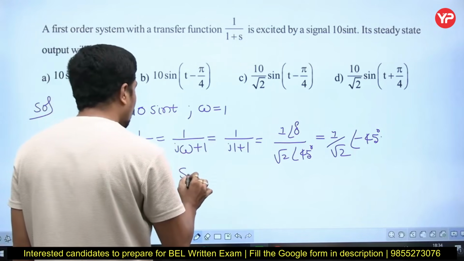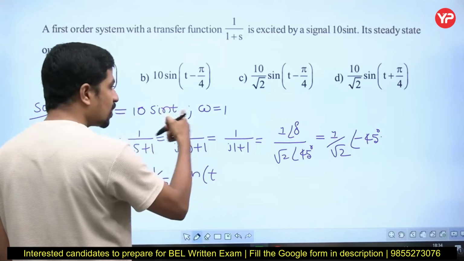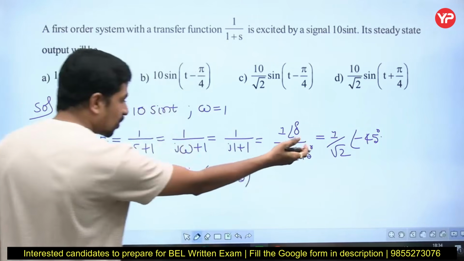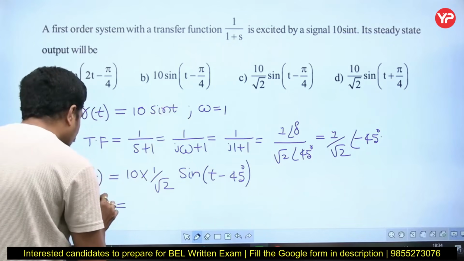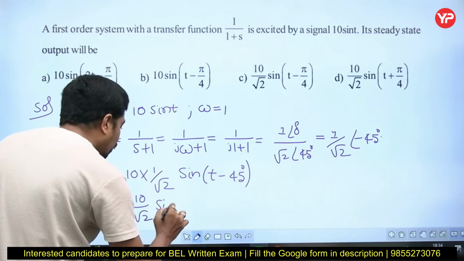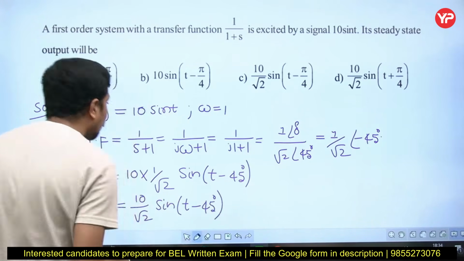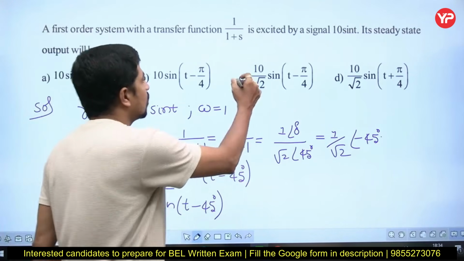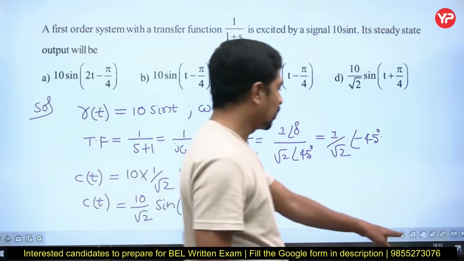Input frequency is omega equal to 1 and input phase angle is 0. The transfer function phase angle of minus 45 gets added to the input phase angle. So c of t is 10 by root 2 sine of t minus 45 degrees. 45 degrees means pi by 4. The option is C: 10 by root 2 sine of t minus 45 degrees.